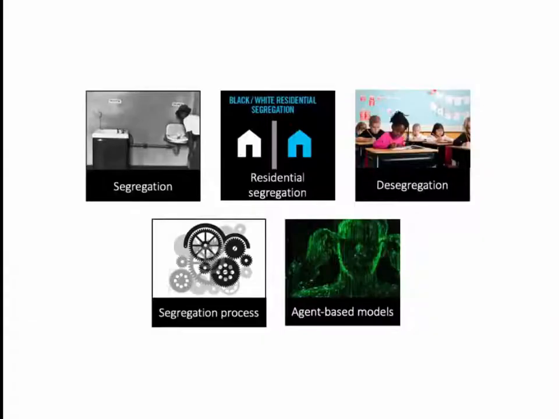Okay, so this is what I brought with me for today. We have a brief catch-up on segregation, and then we go into residential segregation a little more, also talking about what is actually going on there.